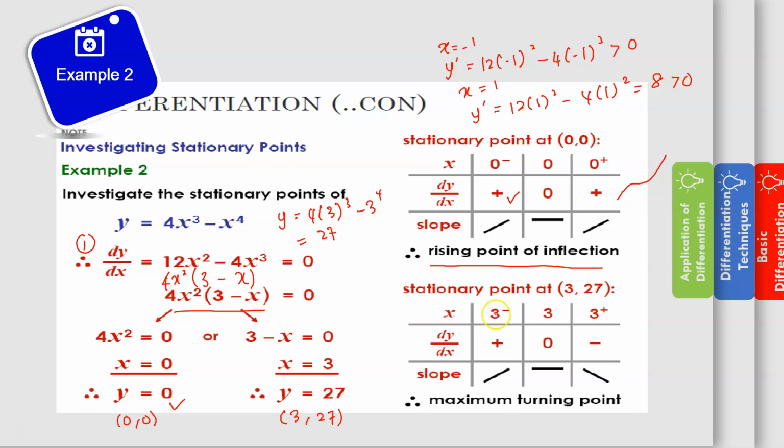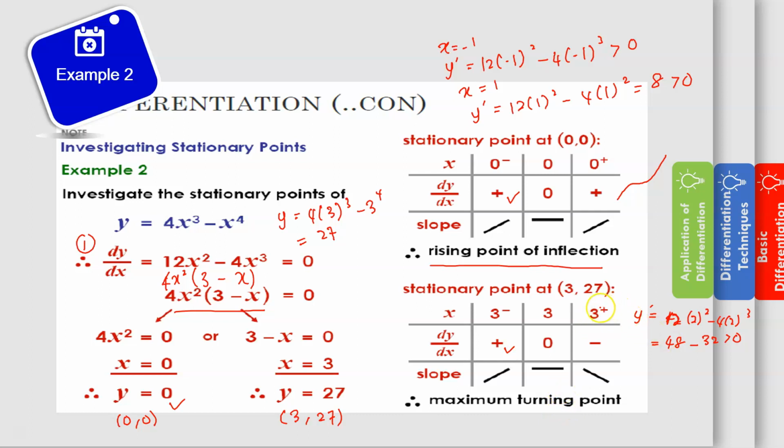When we substitute the value of x equal to 2, for example, in this equation, we got y prime equal to 12 times 2 to the power of 2 minus 4 times 2 to the power of 3, which is 12 times 4, we got 48, minus 4 times 8, which is 32. So we got the answer which is greater than 0, means that it is positive.